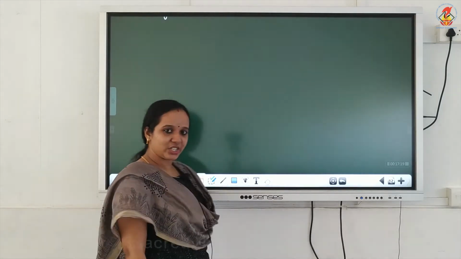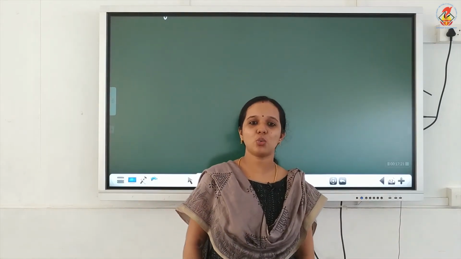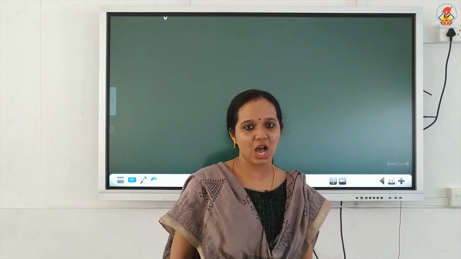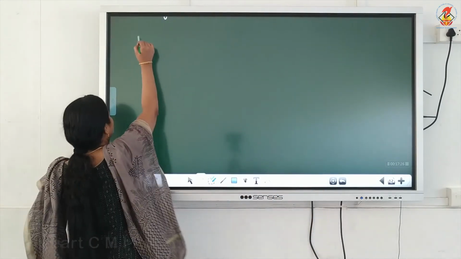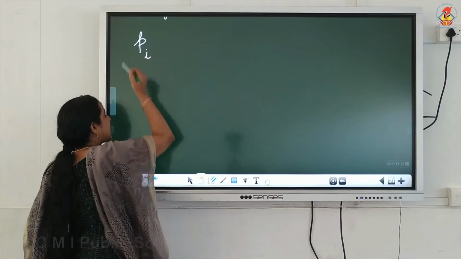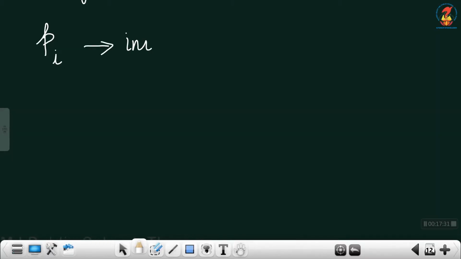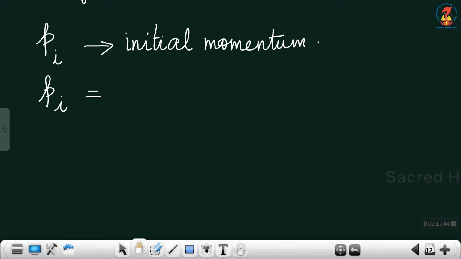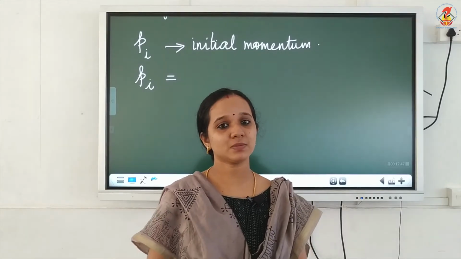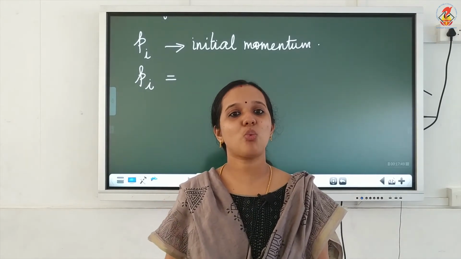Initially, if an object is moving with a momentum Pi, let the initial momentum be Pi. This is the momentum with which the object was travelling initially. The formula to find momentum is mass into velocity.